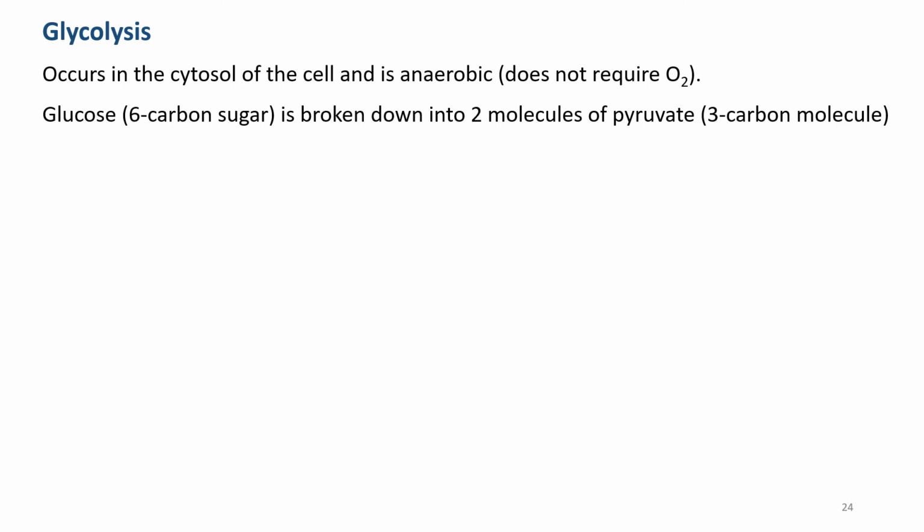It's a large molecule. It's broken down into 2 molecules of pyruvate. Each of those have 3 carbons, because everything has to go somewhere. So we produce pyruvate, 2 molecules per molecule of glucose.